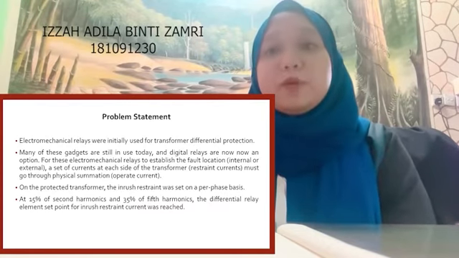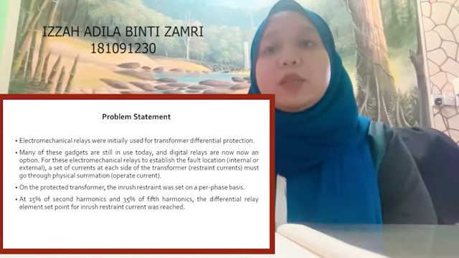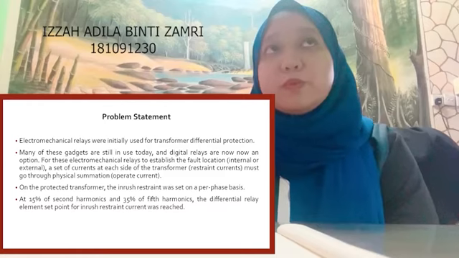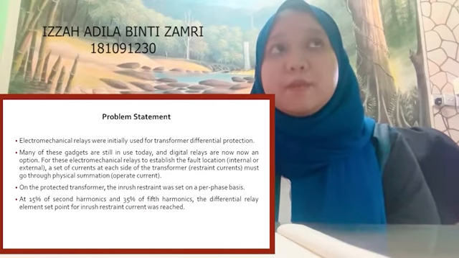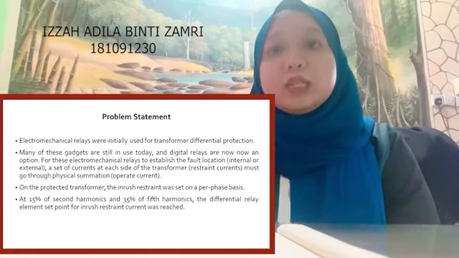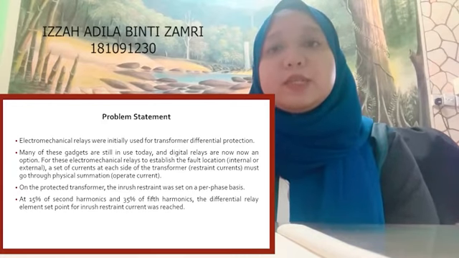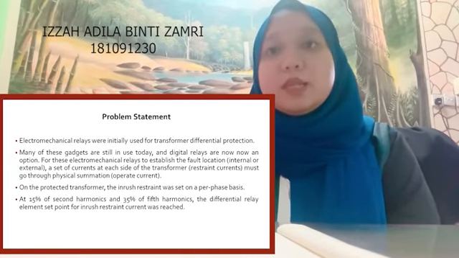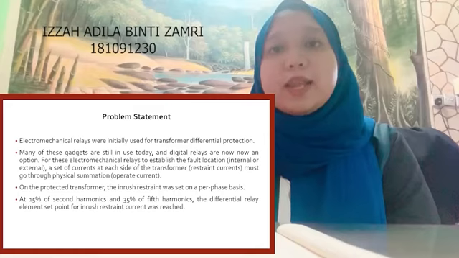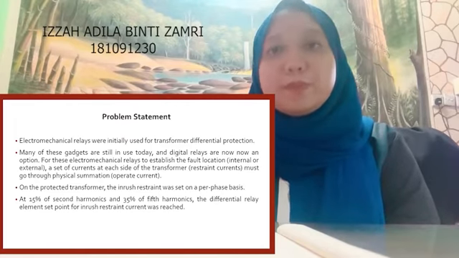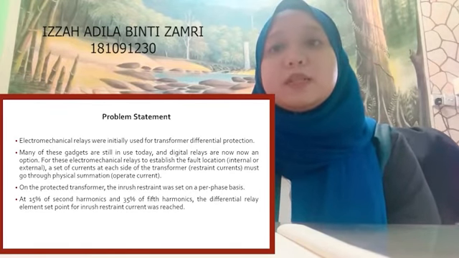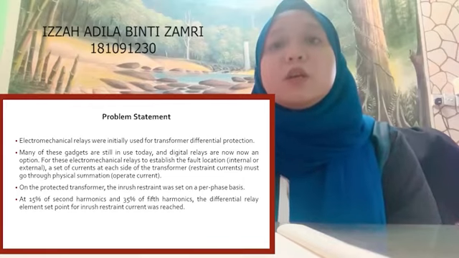Okay, next, the problem statement. Electromechanical relays were initially used for transformer differential protection. Many of these devices are still in use today, and digital relays are now an option. For an electromechanical relay to establish the fault location, internal or external, the set of currents at each side of the transformer must go through physical summation.